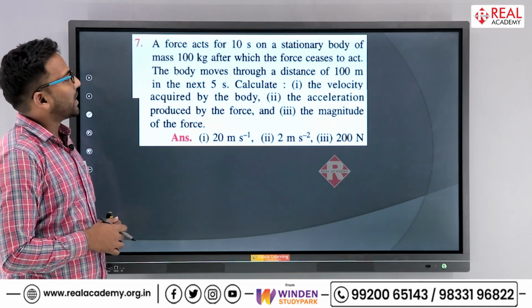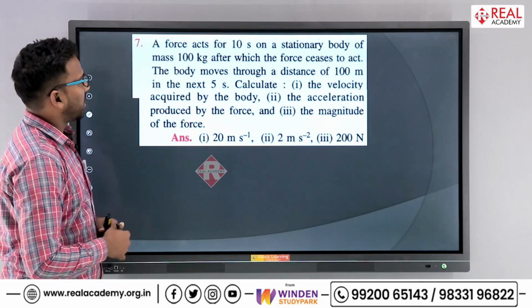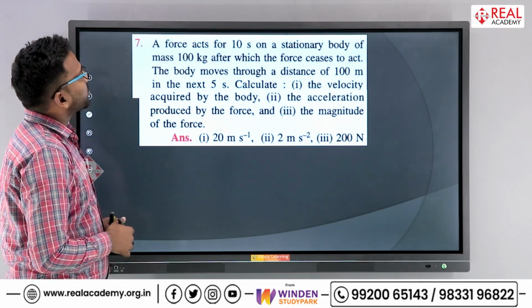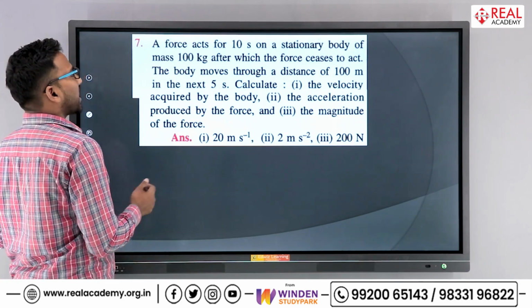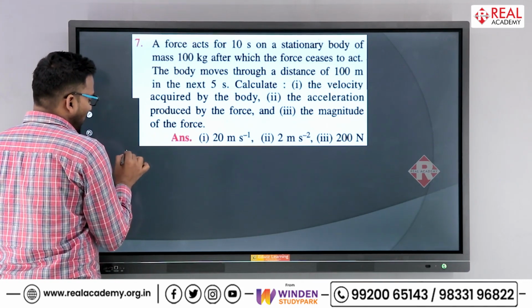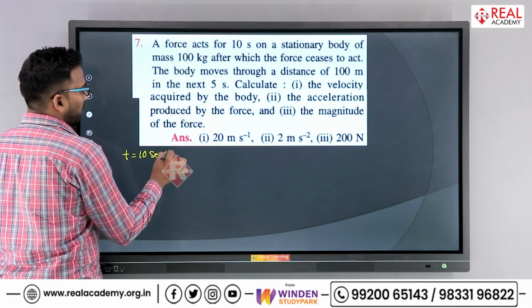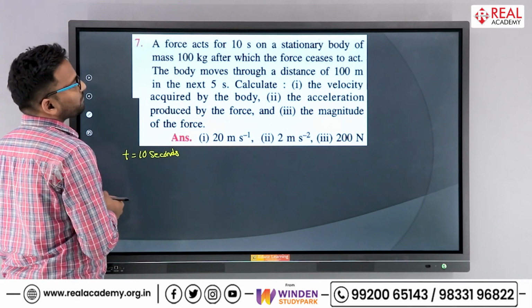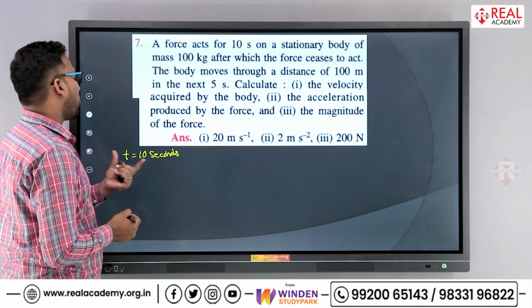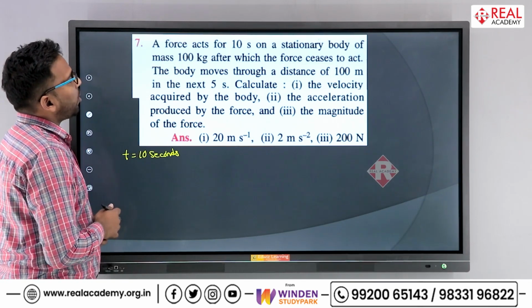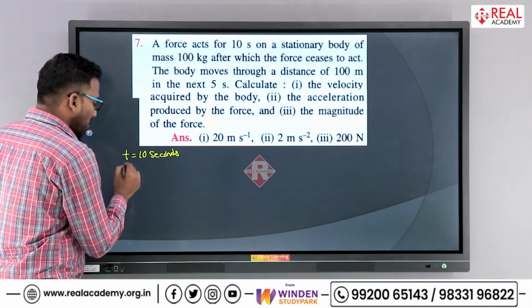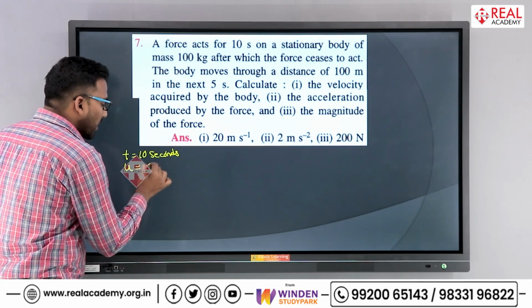So let us try to analyze the data and extract the data accordingly. So the force, first one, a force acts for 10 seconds. That means they have given us the time. Time is 10 seconds. Okay. That means the force is applied for 10 seconds on a stationary body. Stationary body means the body is at rest.